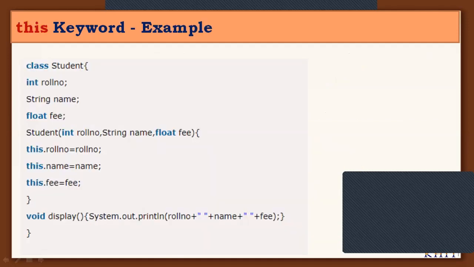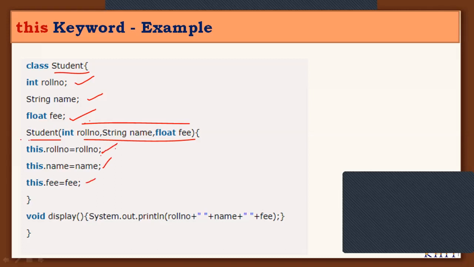See here, class Student. I have a roll number, student name and student fee. This constructor expects three parameters, and these are called formal parameters, or local variables for this constructor: roll number, name and fee.